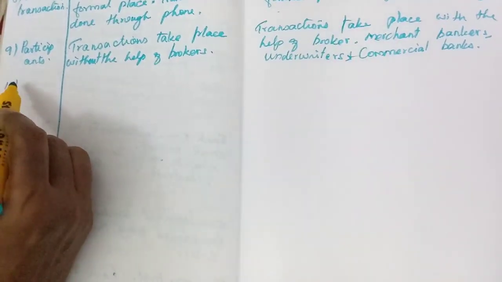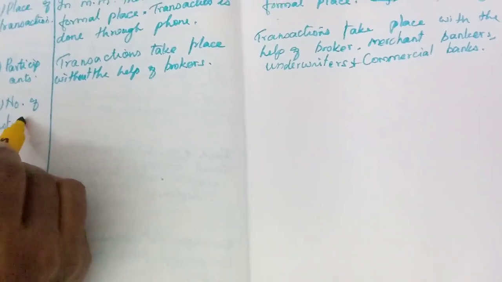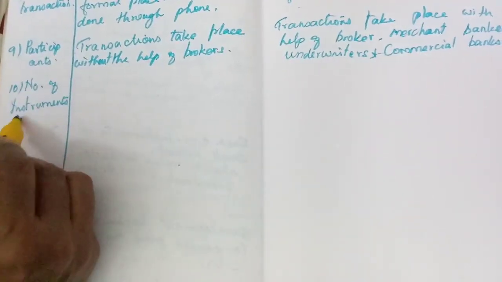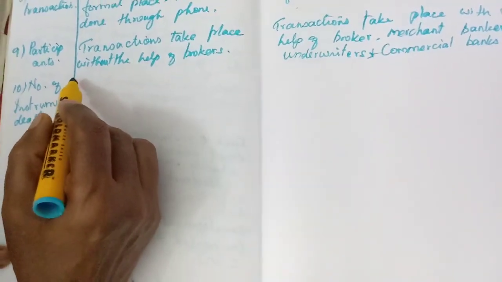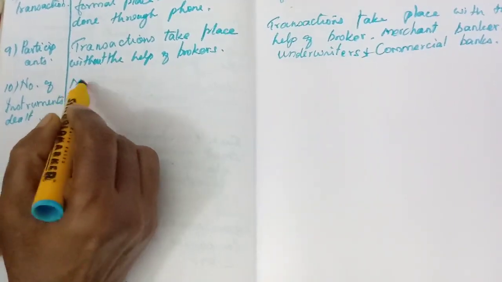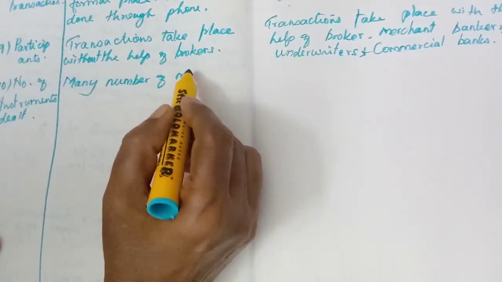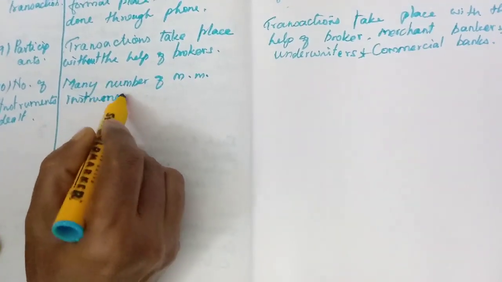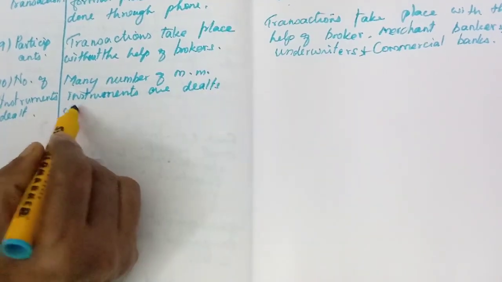Next point, number of instruments dealt with. How many instruments, we studied there. Here many money market instruments are dealt with.